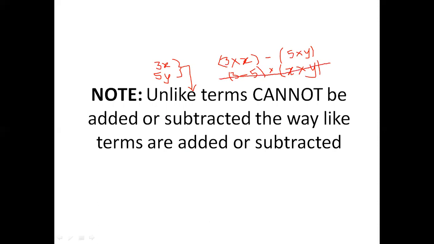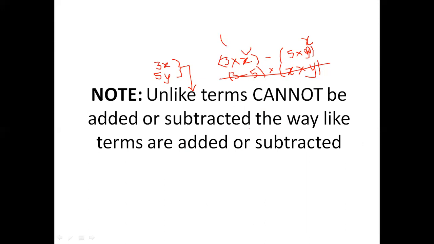This cannot be done because both are unlike terms. We can only do this in case we had like terms. If instead of y, I had x, then I was able to do this: 3 minus 5 and x.